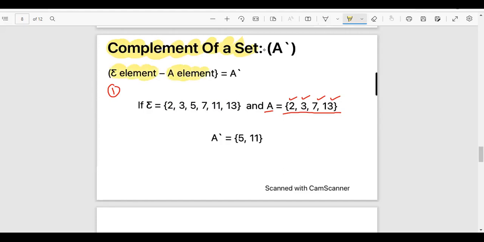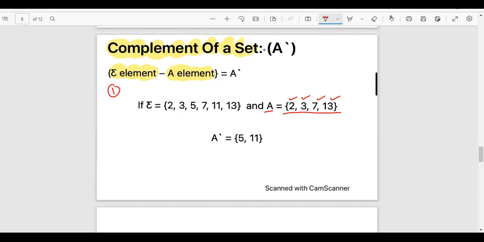A would be the smaller set. Okay. In order to find complement of the set A, we will be talking about all the elements present in the universal set except the elements of A. I'll repeat. Complement of A means all the elements in the universal set except the elements of A.